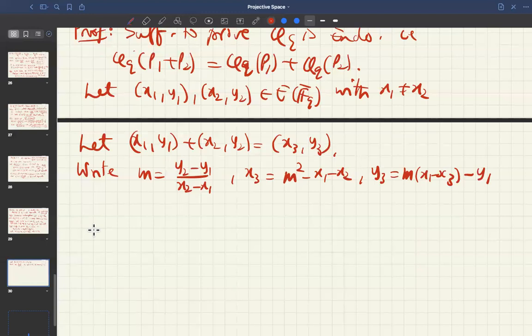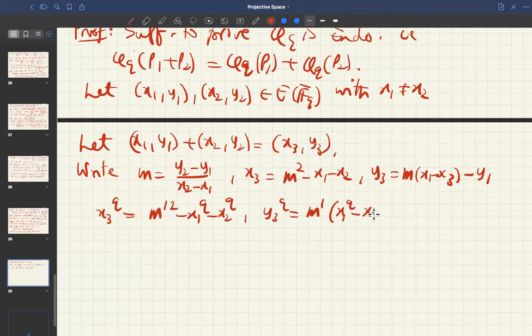Now you raise it to the power q: x3^q is m^(2q) minus x1^q minus x2^q, and y3^q is m^q times (x1^q minus x3^q) minus y1^q.